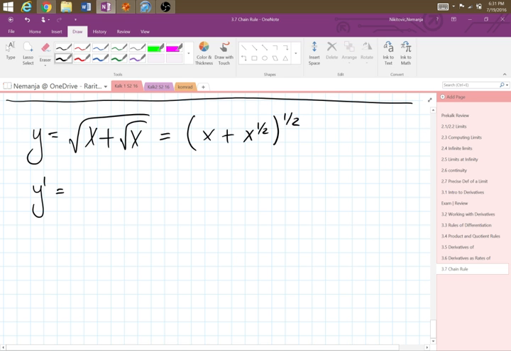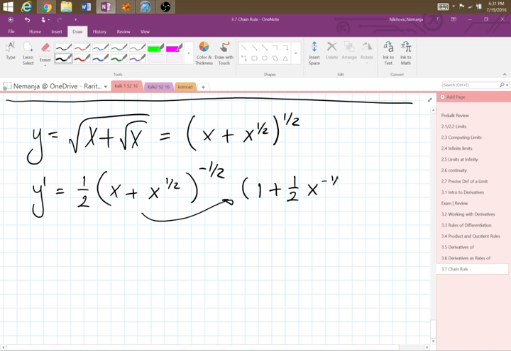How do we start? Derivative of the outside, so 1/2, right, exponent. 1/2 to the negative 1/2, because 1/2 minus 1 is negative 1/2. And we copy the guts. Then we take the derivative of that inside, and that's the derivative of x, which is 1, plus, and the derivative over here is another 1/2 x to the minus 1/2.